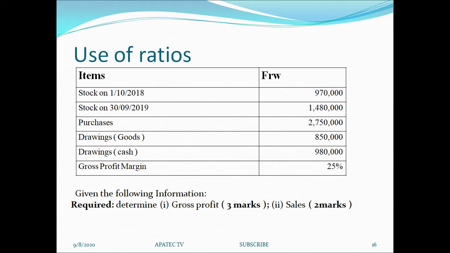This is a question they give to us. The stock in 2018, this is opening stock, closing stock, this is purchases, this is drawings by cash, and this is the gross profit margin. What they are asking us is to calculate the gross profit and sales.